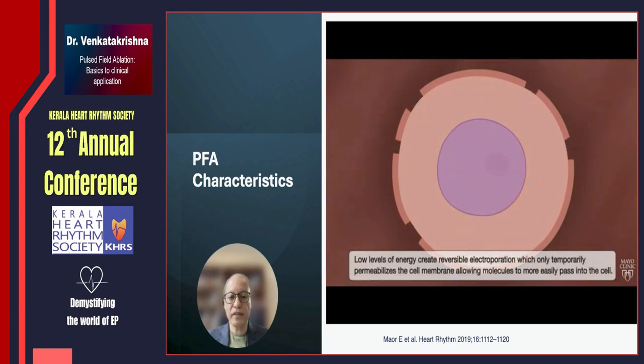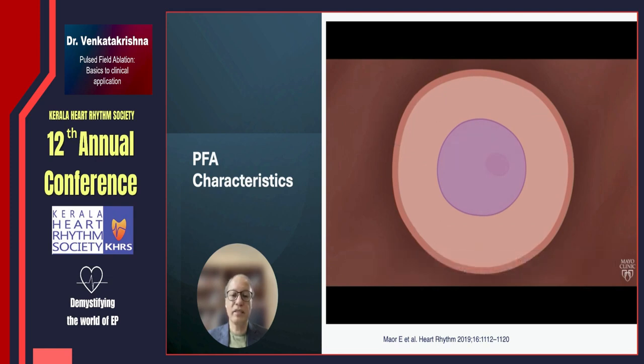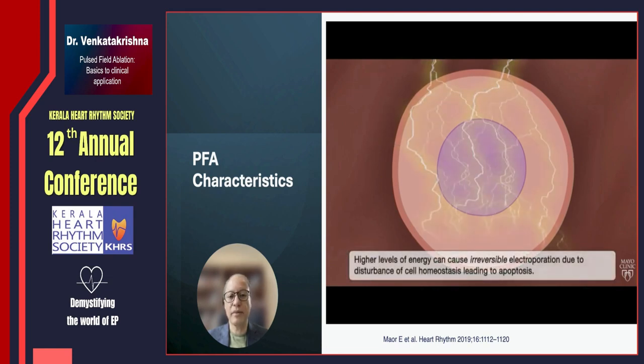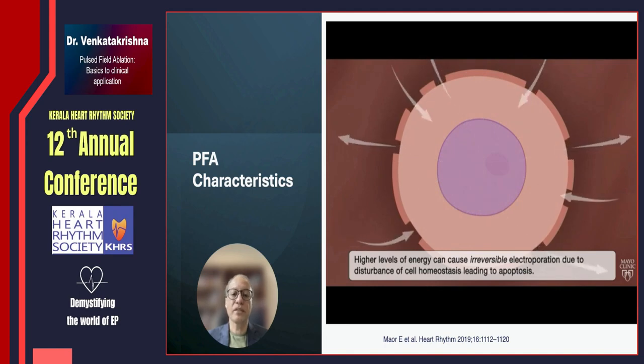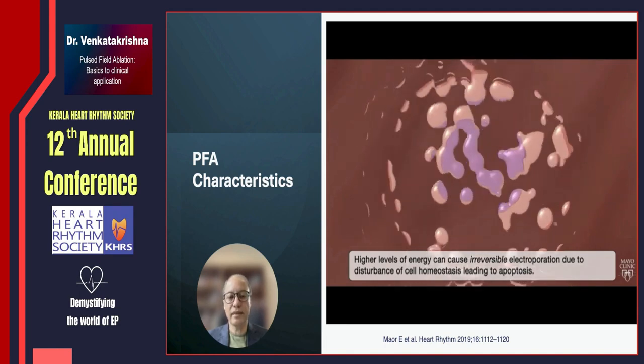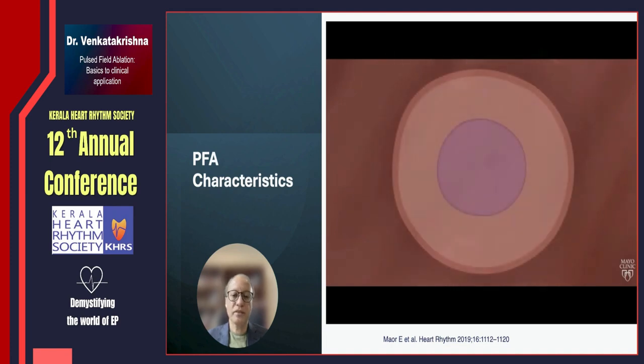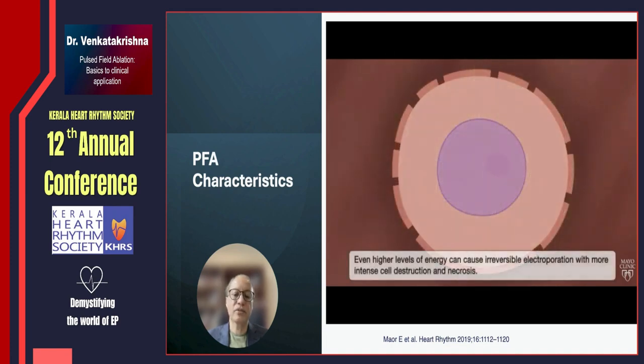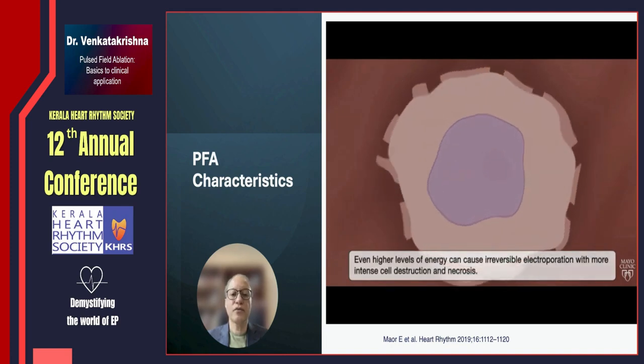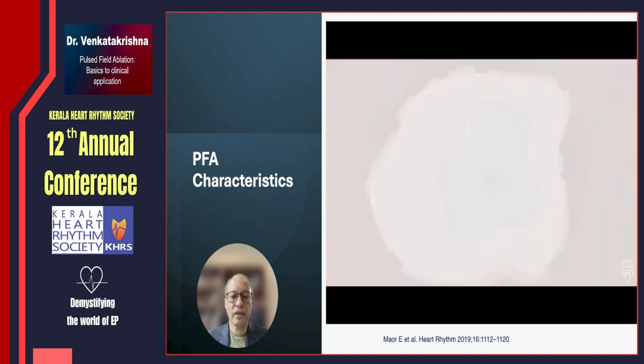In the initial phase, there is a reversible component, but as the voltage and energy delivery continues, or perhaps at higher voltage, it eventually leads to apoptosis and hence cell death. This is what enables us to look into this concept of energy for applications in cardiac arrhythmias.